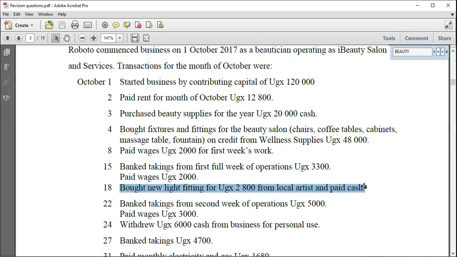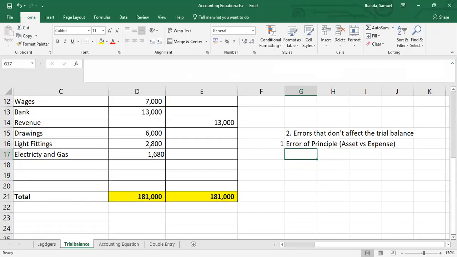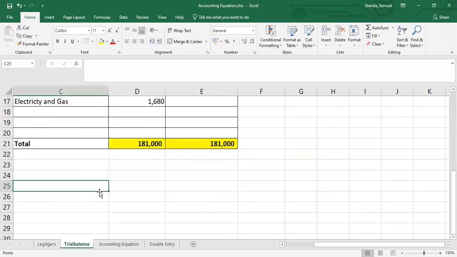But because of an error of principle, the accountant can go ahead to expense this and maybe put it under office supplies or include it under wages, whatever it is. So what will happen in reality when it comes to your double entry for the error of principle?